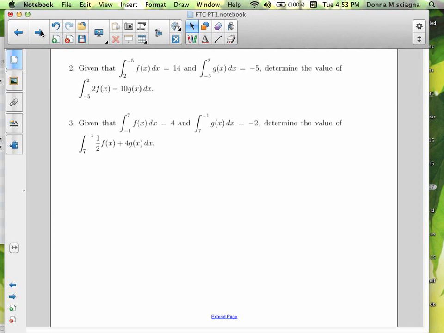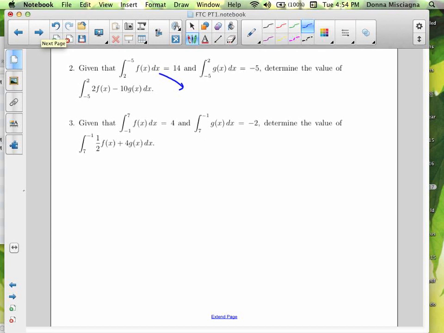All right, so we're given that the integral of f of x dx from 2 to -5 is 14, and the integral of g of x dx from -5 to 2 is -5. We want to determine the value, so we have two problems here. Determine the value of the integral from -5 to 2 of 2 f of x minus 10 g of x. All right, so first of all, we make sure the integrals match, and only one of them does not match, and that's this one here, right?